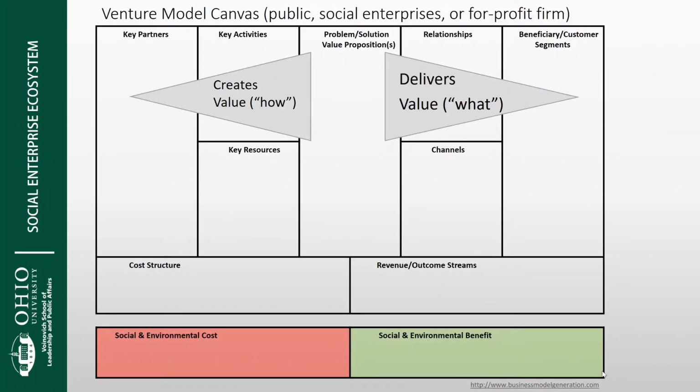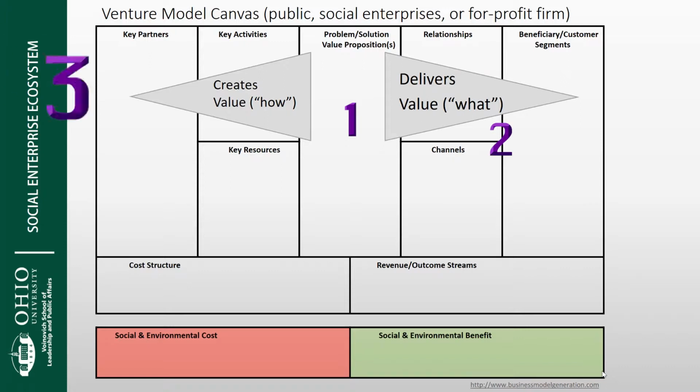To use this tool, founders and planning teams start in the central block of a blank canvas, where they identify the overarching problem, the proposed solution, and the value that solution has for the intended beneficiaries. The right side of the canvas helps the group identify specific target beneficiaries, the relationships that the enterprise or project has with those beneficiaries, and the ways in which the social value, that is, the product or service, is provided to the beneficiaries.